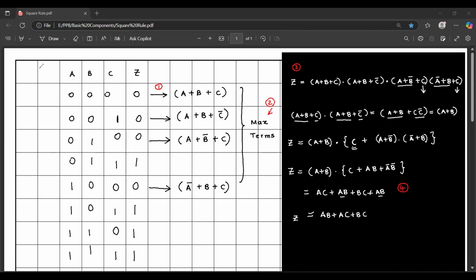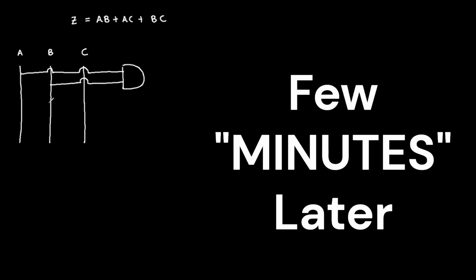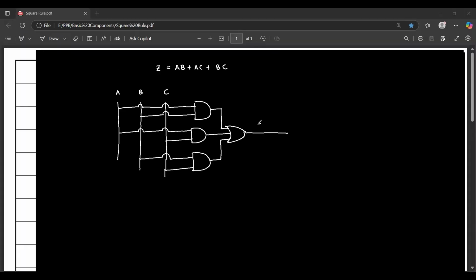Okay, so how can we draw the circuit? Well, I'll teach you. So here you can see how I have drawn the given expression. We have Z is equal to AB plus AC plus BC. So AB has to go through an AND gate, so I have done that.